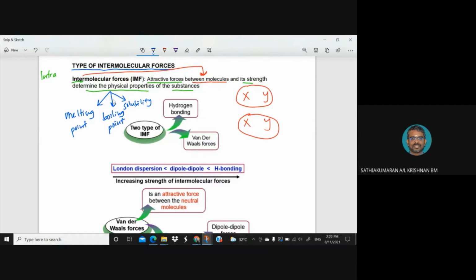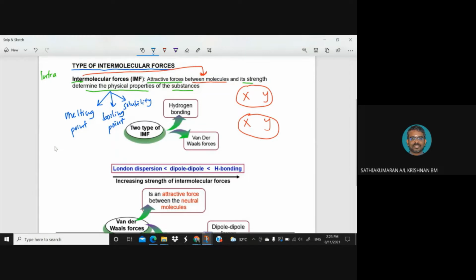So these physical properties will be determined by the intermolecular forces. How strong or how weak the intermolecular forces are will affect the melting point, boiling point, or solubility.